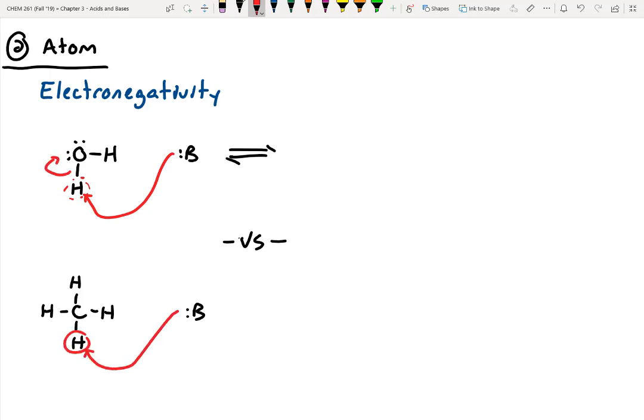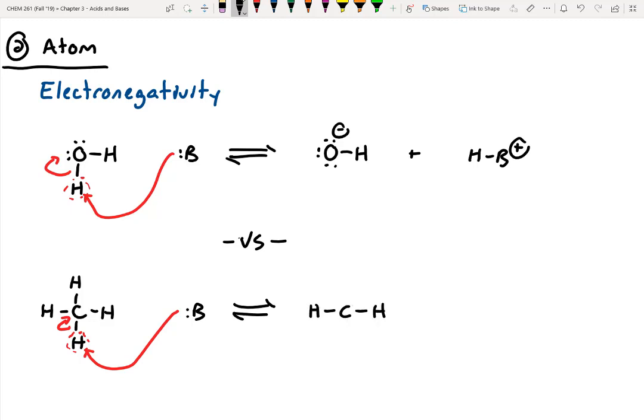Doesn't really matter which one we show. And we can show the conjugate base. Then down here, same thing, we can show the conjugate base where carbon now has the negative charge.